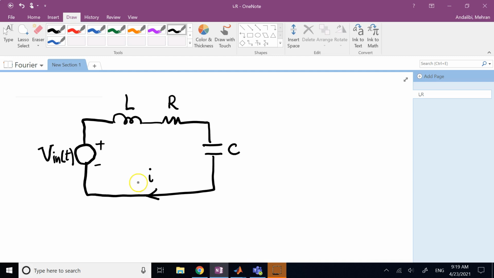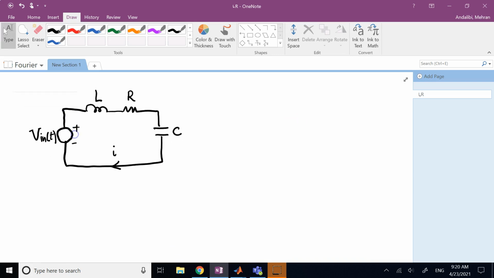And you want to see for a specific V input, what is going to be the I or what is going to be the V output, which you can get from the two ends of any of these elements or a combination of them. So for example, if I focus on I here, I have the voltage across these three elements, sum of it should be equal to V in, correct?